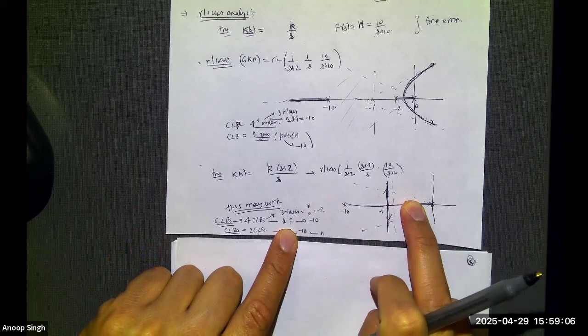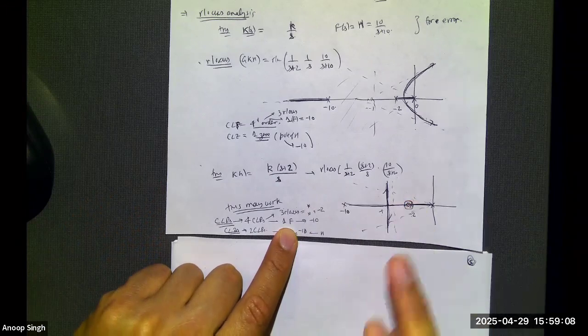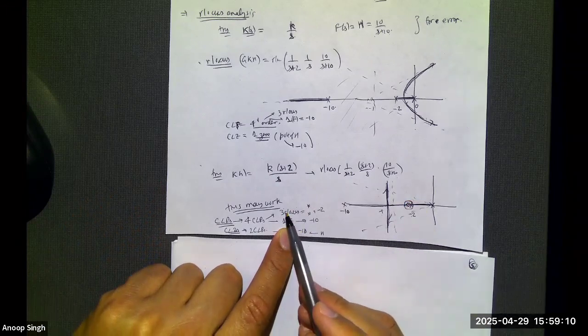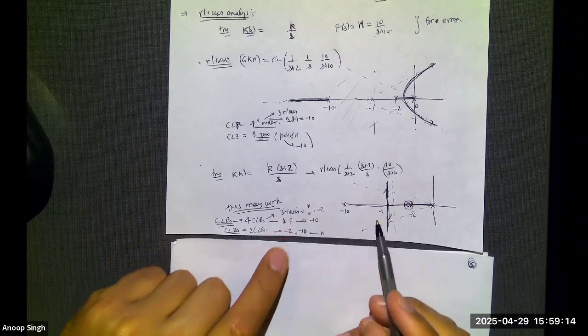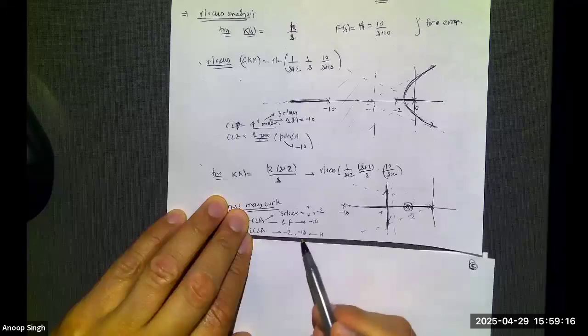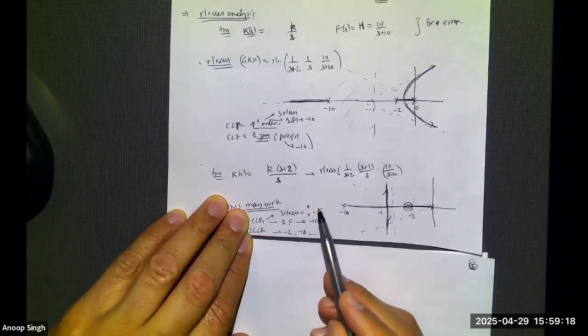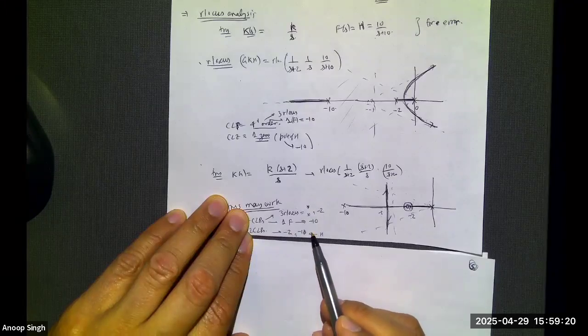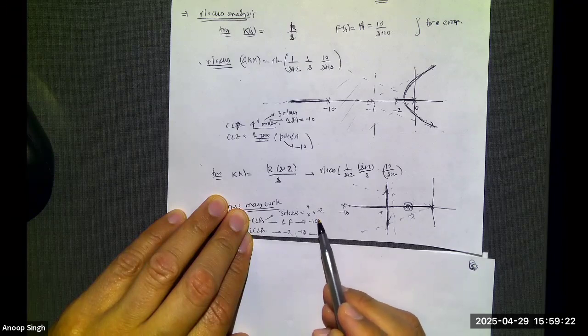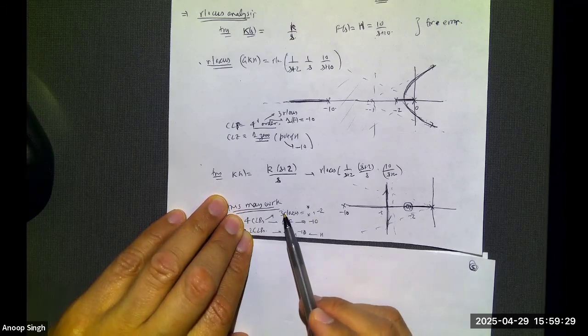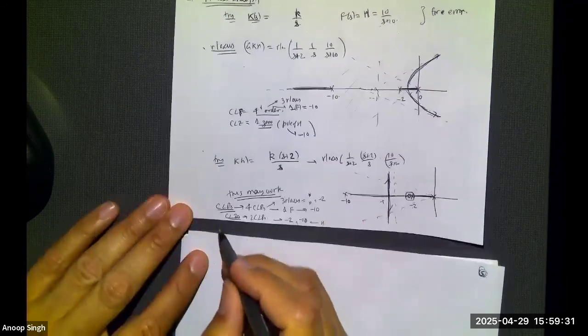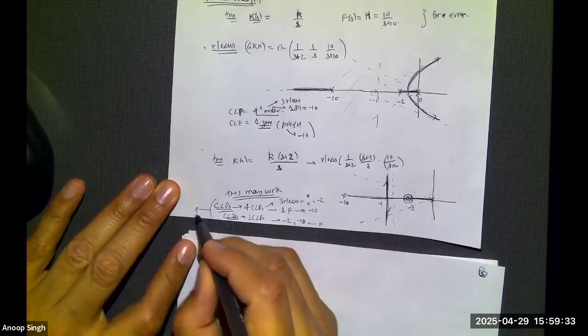So what am I left with? I am left with three closed loop poles, and then, actually, two of them are canceling off. This closed loop zero is canceling this closed loop pole. This closed loop zero is canceling this closed loop pole. So effectively, I am just left with two closed loop poles. This is just a two closed loop pole system.